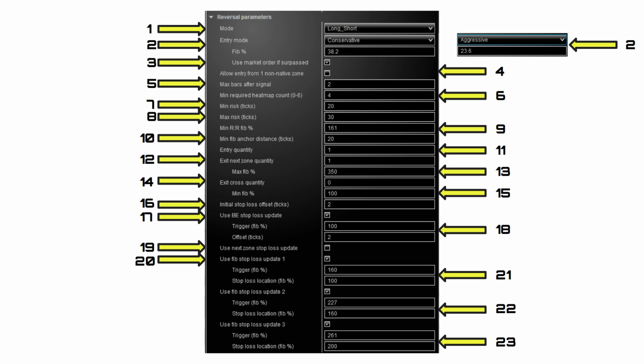So number 9 is the minimum risk reward. So it's 161%. So from stop to entry is 100, and then it extends 161% before the next zone. That's the minimum risk reward at number 9. Again, these are all changeable when we're optimizing. So number 10 is the minimum fib anchor in ticks.